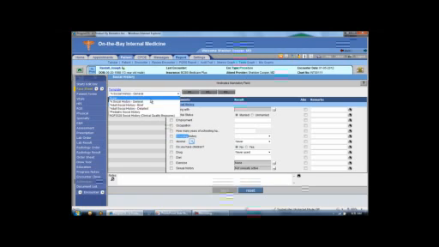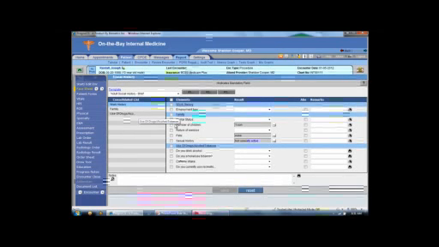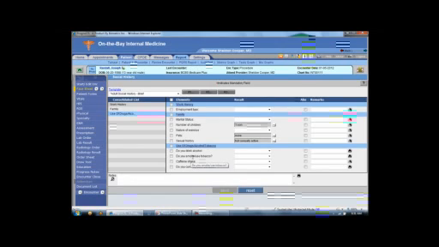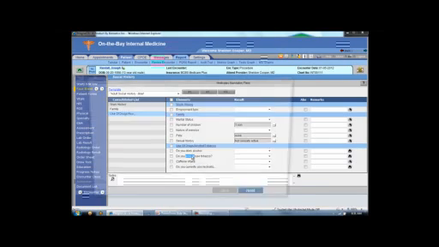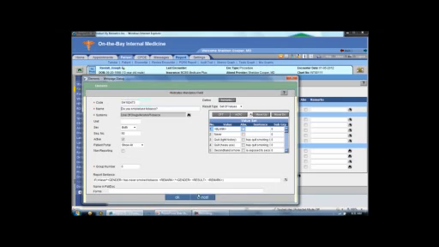However, if we look at one of our adult templates, where there is also a smoking question, notice that the question is a little different. This one is not called Smoking History. It's called Do You Smoke or Use Tobacco? And it has a different code. There's nothing wrong with having two questions like this with different codes, because based on your needs, you may ask the question a little differently.